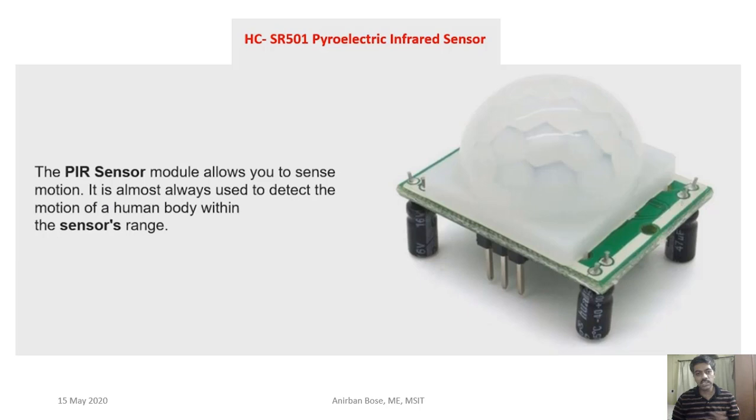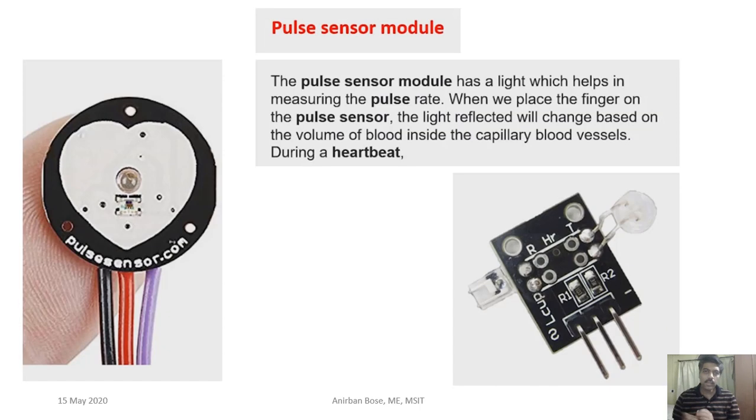There is a pulse sensor module which senses the human pulse, basically the heartbeat, and a light sensor is there where light reflects depending upon how much blood is flowing through the arteries and through the capillaries depending upon the heartbeat.